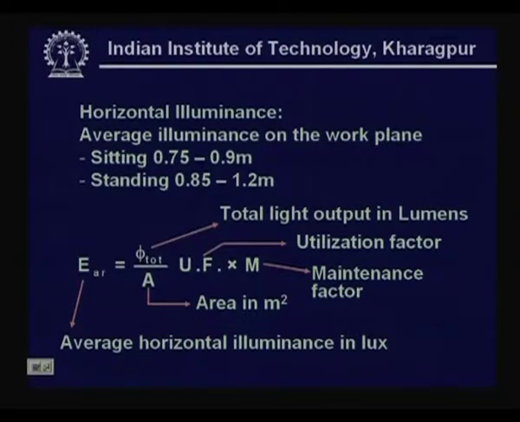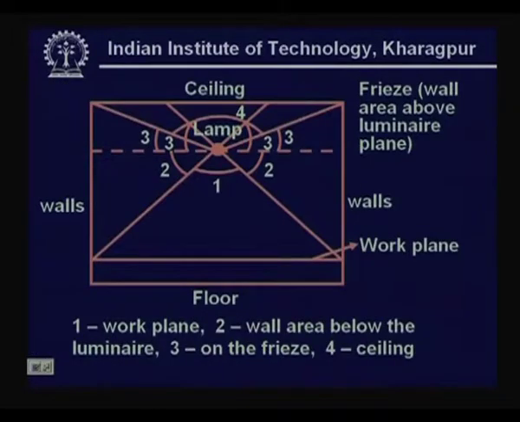Therefore, E average, which is given by phi total by A, is multiplied by two factors, utilization factor and the maintenance factor. The area in question here depends on the work plane, which could be around 1.2 meters from the floor if you are looking at an operator working in a standing mode, and anywhere from 0.75 to 0.8 for sitting at a table.